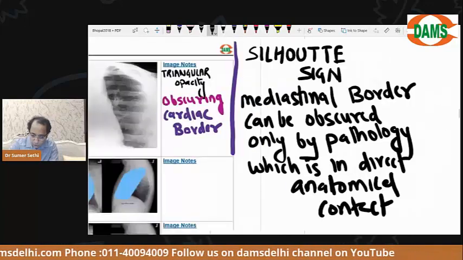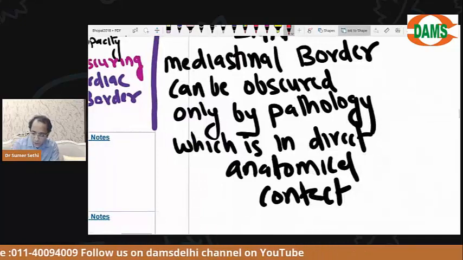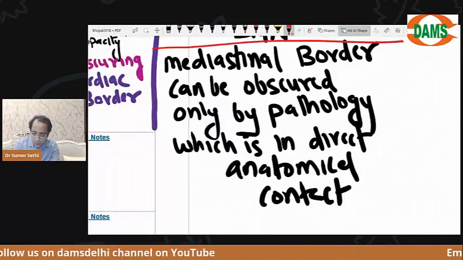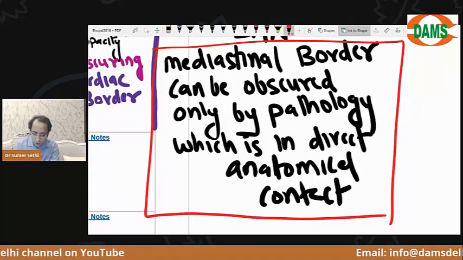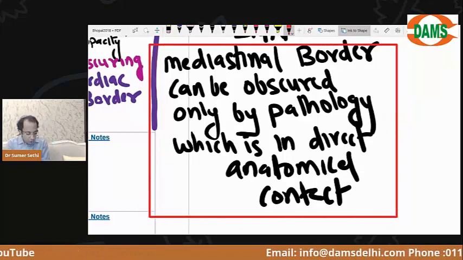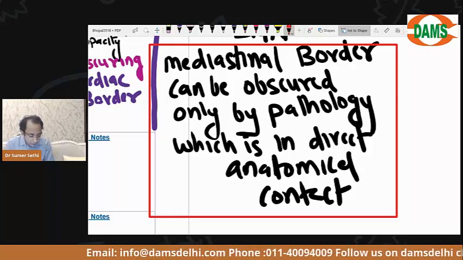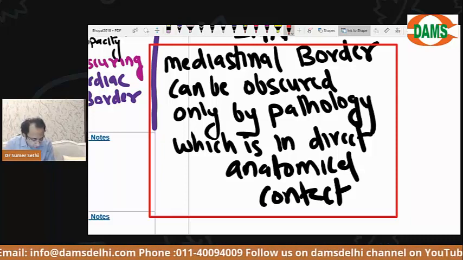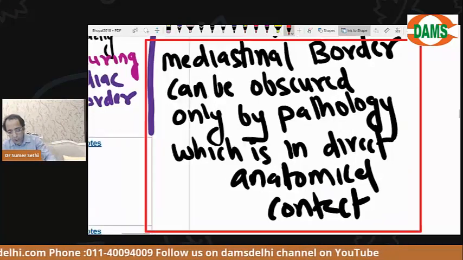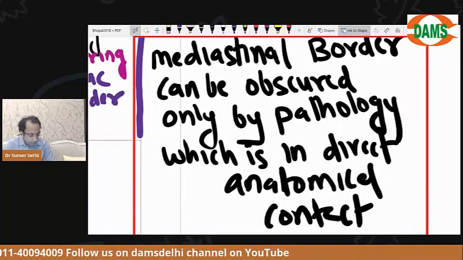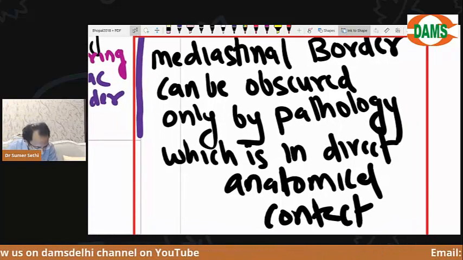I will zoom it, don't worry. The silhouette sign says any mediastinal border can be obscured only by pathology which is in direct anatomical contact. Everybody understands? Are you able to see this here?